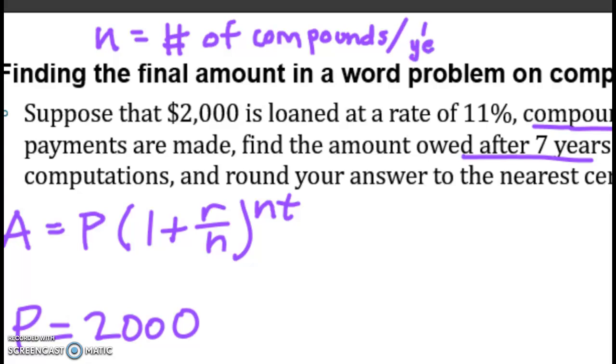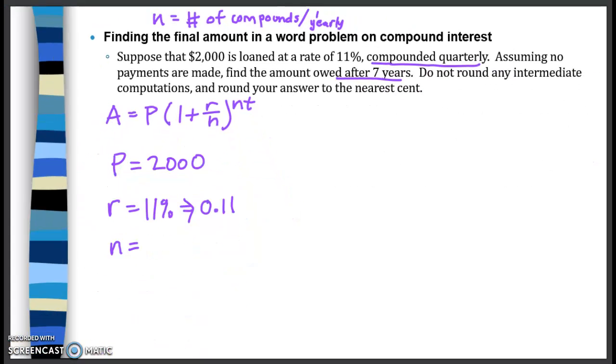So quarterly, what does that mean? That means 4 times in 1 year. So n in this case is 4. And what is t? The time in which we want to find out how much is owed is 7 years.